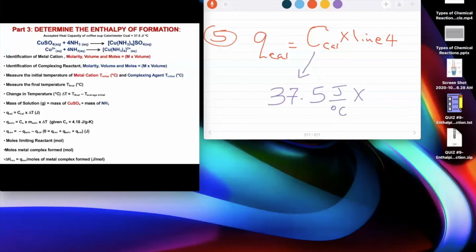Of course, change in temperature is in degrees Celsius and Celsius will go away. You remain with joules. This should be in joules, all right? That's line number 5. I'm circling it and saying that this is line 5.